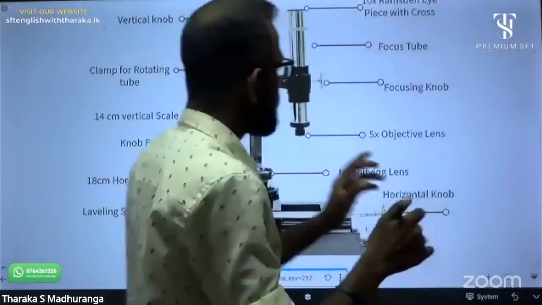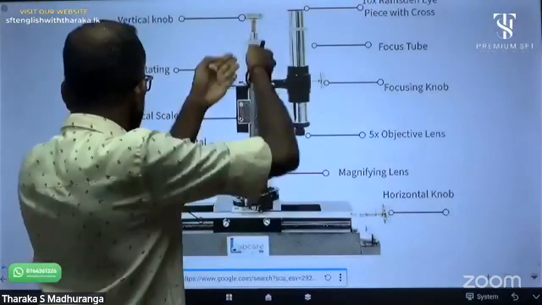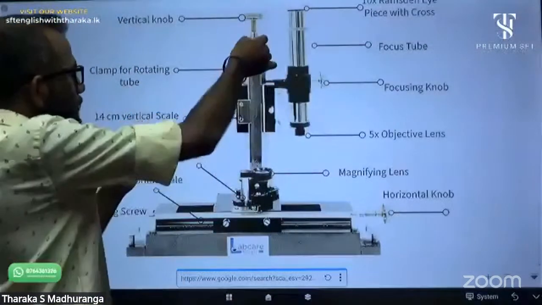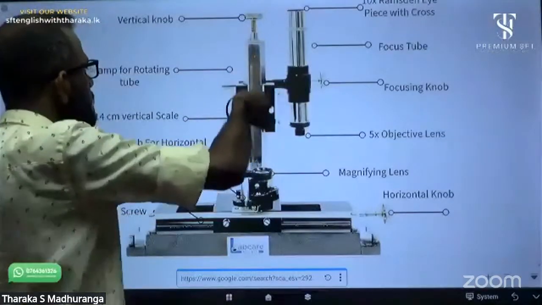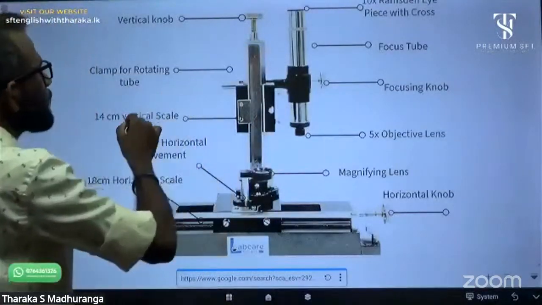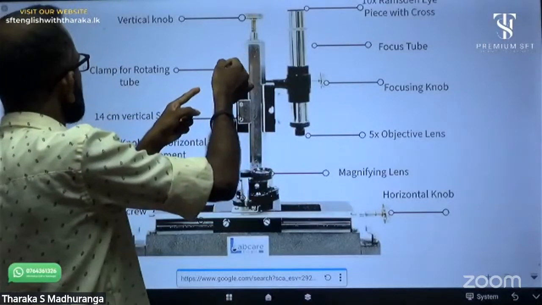I will explain that later. These are the vertical supports, and on this vertical support there is another screw.